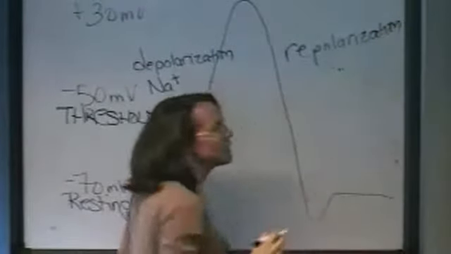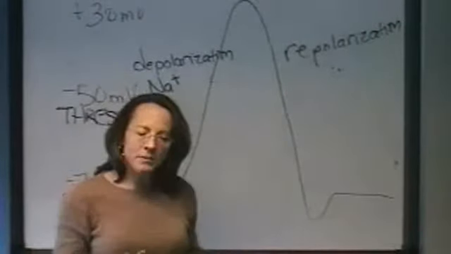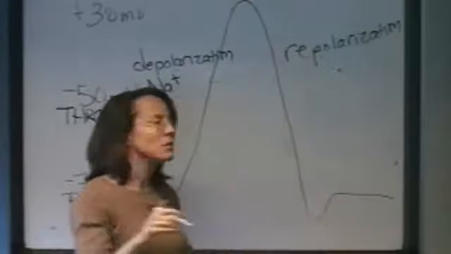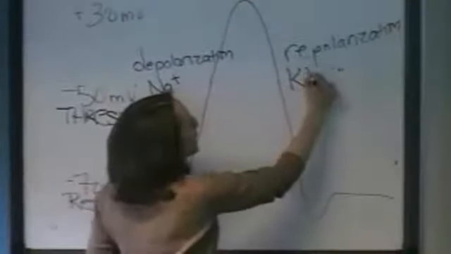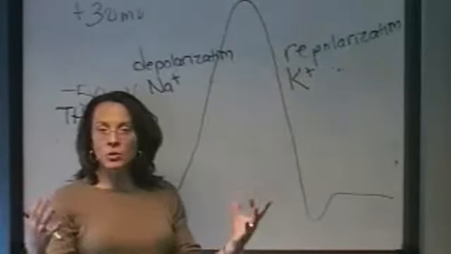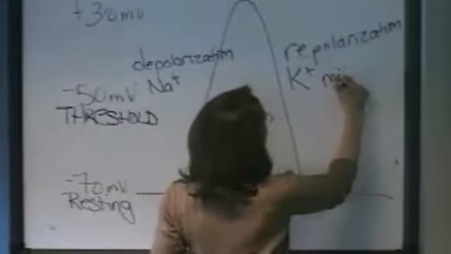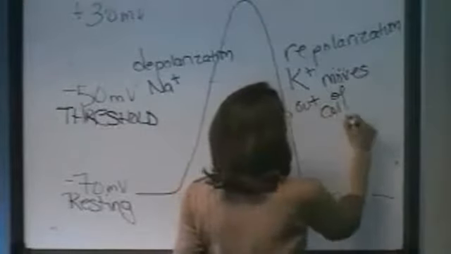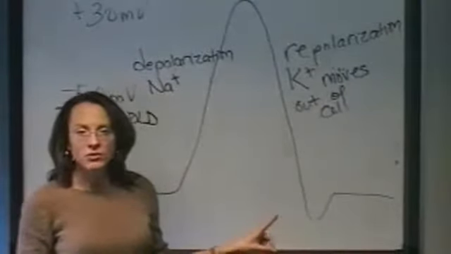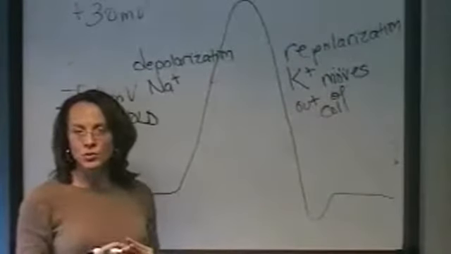Repolarization. What happens with repolarization is potassium moves out of the cell. Potassium, once again, is a positively charged ion. If we move it out of the cell, it will become more negative. Potassium channels are slow to close.